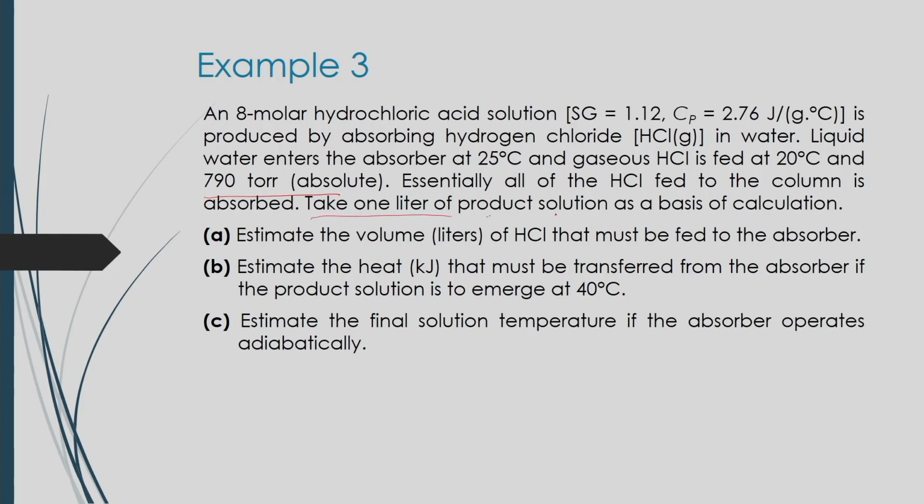and take 1 liter of product solution as the basis of calculation here. So, based on this problem you have to estimate the volume of hydrochloric acid that must be fed to the absorber, and also calculate the heat that must be transferred from the absorber if the product solution is to emerge at 40 degrees Celsius, and also estimate the final solution temperature if the absorber operates adiabatically.